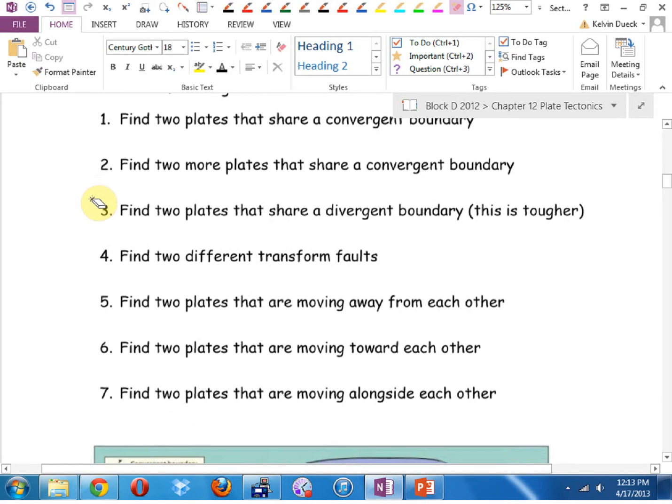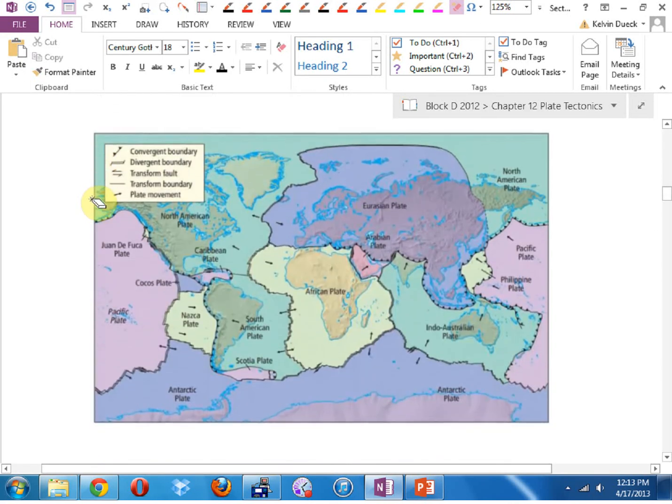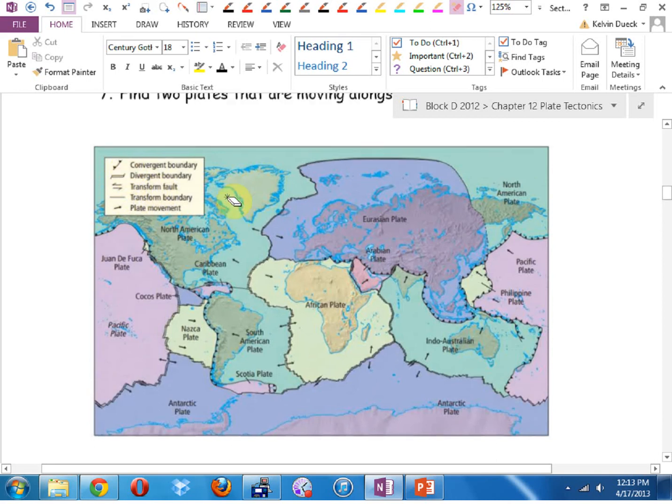Here is a map of the planet, flattened out, complete with the various symbols. Now, they gave you the legend, the key here. So arrows are what direction the plates are moving. A single line is where there's a transform boundary. There's where there's a transform fault, a divergent boundary, and a convergent boundary.